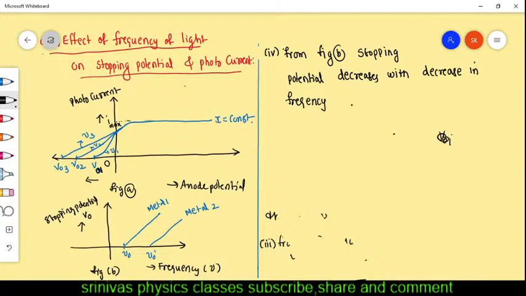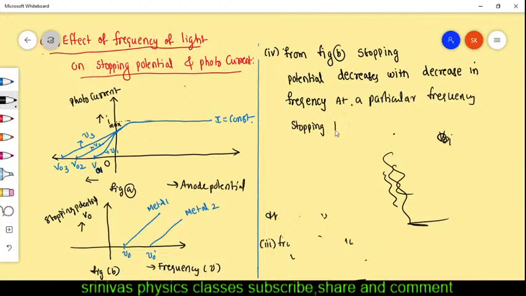At a particular frequency, the stopping potential becomes zero. This is called the threshold frequency.